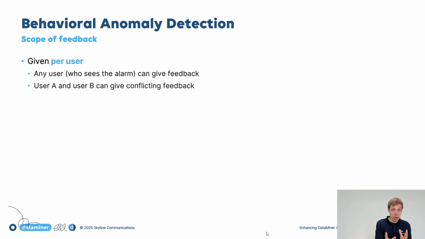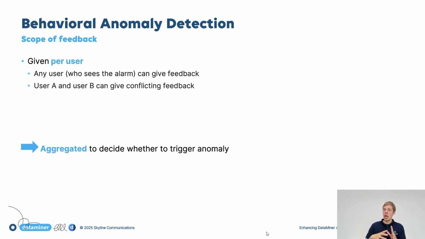But whether to create an anomaly or not is a system-wide decision that DataMiner has to take. So when it takes that decision, it will have to aggregate all the feedback from all the users, take a certain kind of average, and based on that, it will decide either I make an anomaly for this thing that happened or I don't make an anomaly.